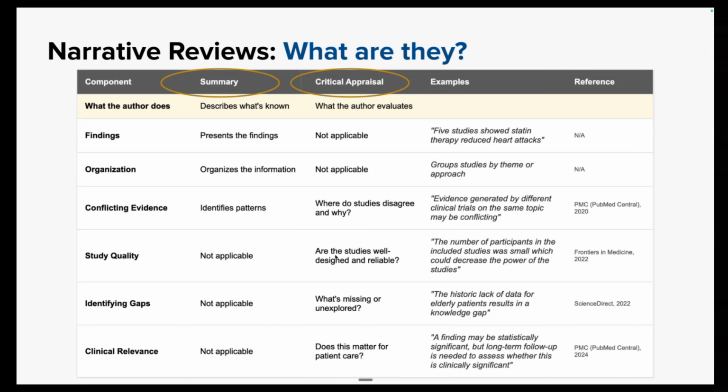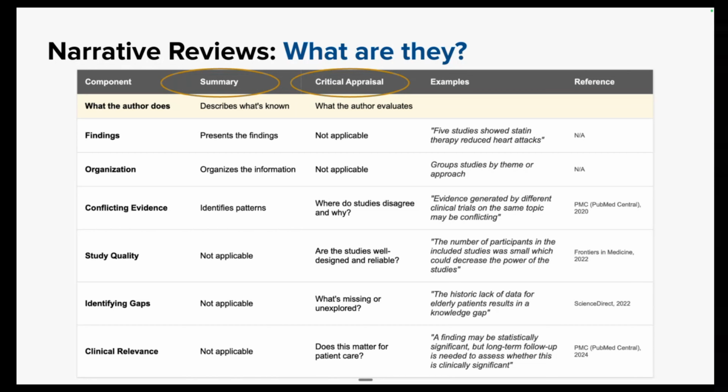Study quality. Are the studies well designed and reliable? So an example might be the number of participants, and these are real world quotes pulled from the references on the right. So the number of participants in the included studies was small, which could decrease the power of the studies. So you might be saying, well, that's great, these 2 or 3, 4 studies agree with one another, but I'm critically appraising what's going on here.